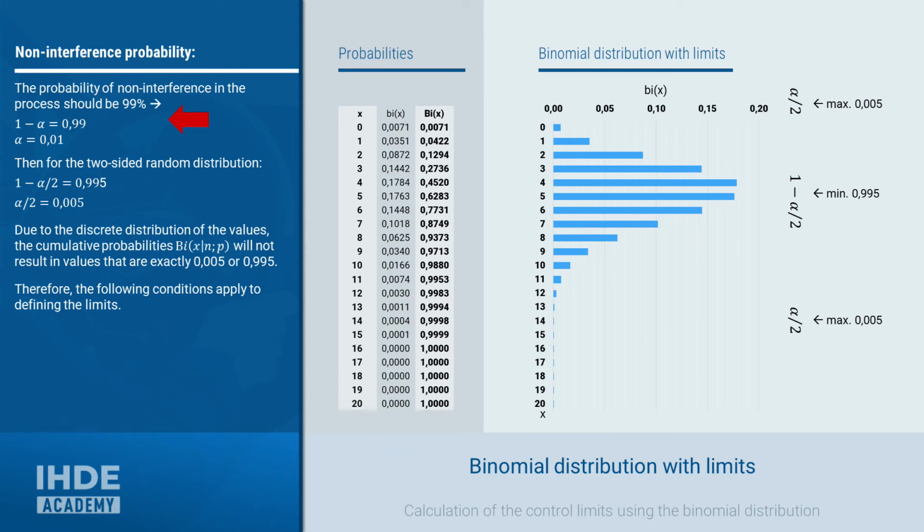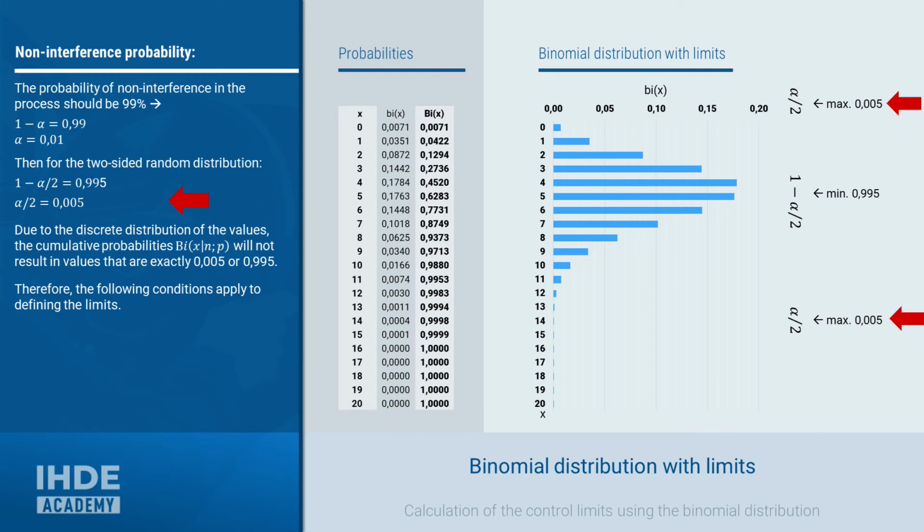Since this lesson is aimed at experts, it is assumed at this point that the terms related to probability distributions are known. With the 99% probability of non-interference, 1 minus alpha is 0.99 and alpha is 0.1.